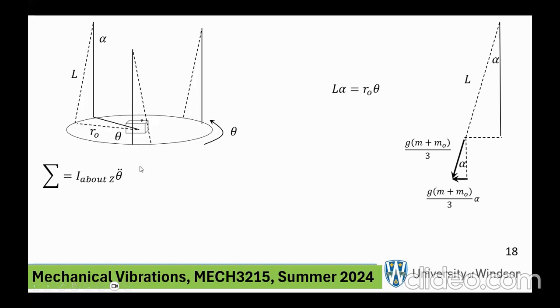And how do we do that? This is the sum. There's something missing here on the left side. This is the sum of all the moments about the center. And I'm really sorry. This should be the sum of all the moments about the mass center is I of the whole thing.